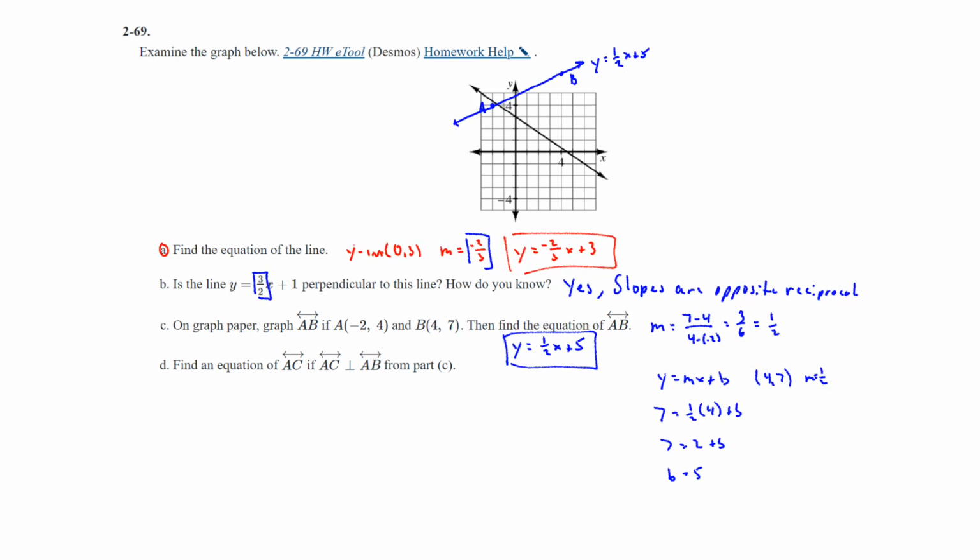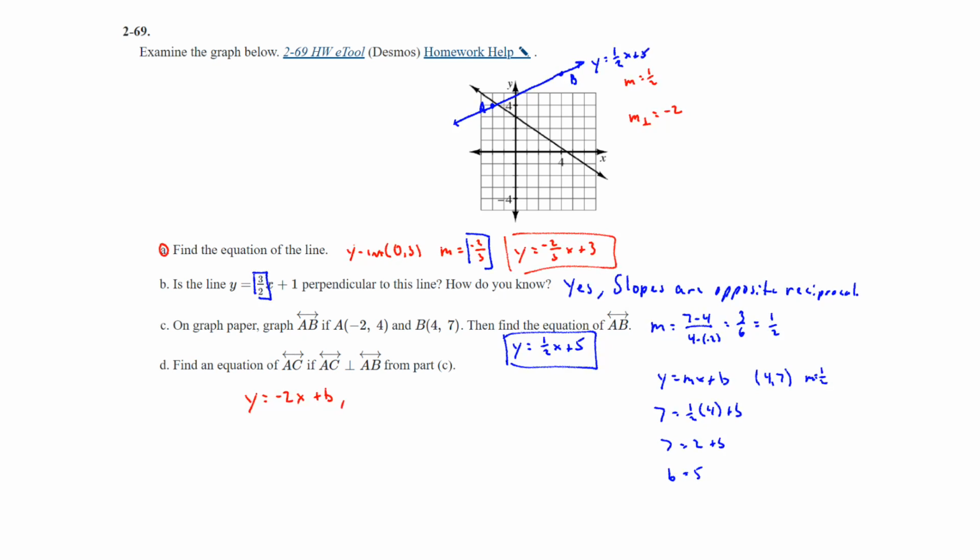Well, if I know the slope of this one is 1/2, then its perpendicular slope is opposite reciprocal, which would be -2. So I can write any equation, y equals -2x, as long as my slope's -2. It doesn't matter what my b value is. So I'm just going to put plus b because it doesn't matter. It will always be perpendicular because of the opposite reciprocal.